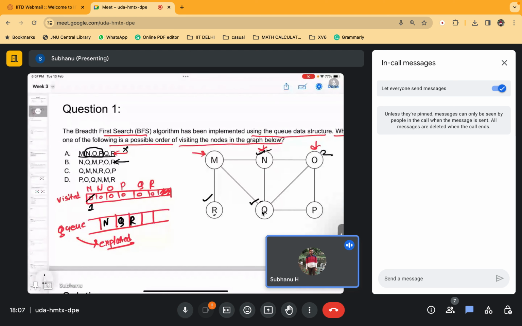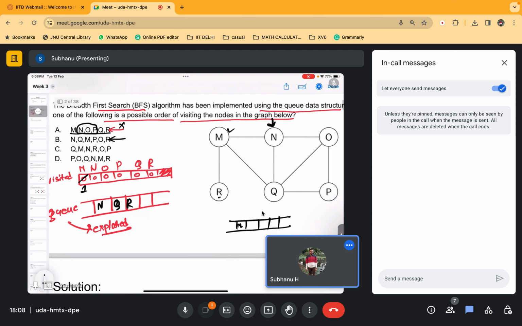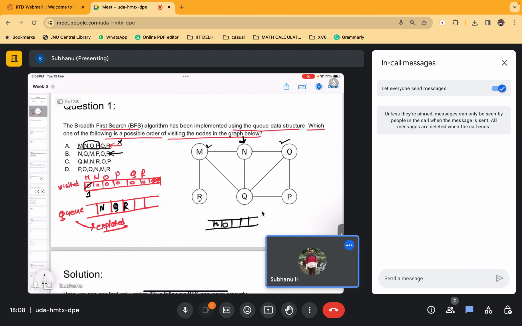If you start from node P according to the second option, in your queue the neighboring nodes will be M, O, Q, and that's it.